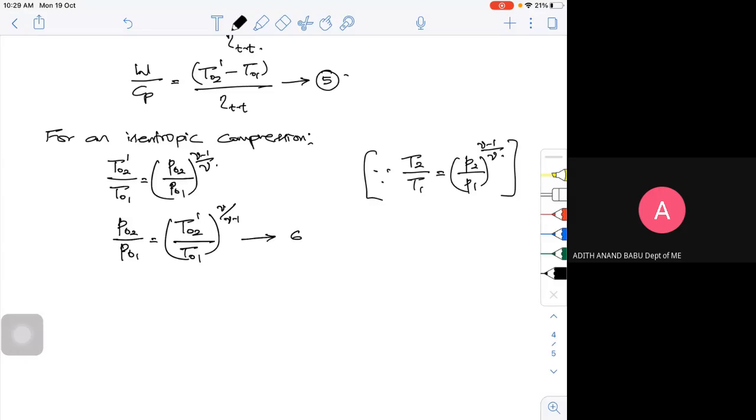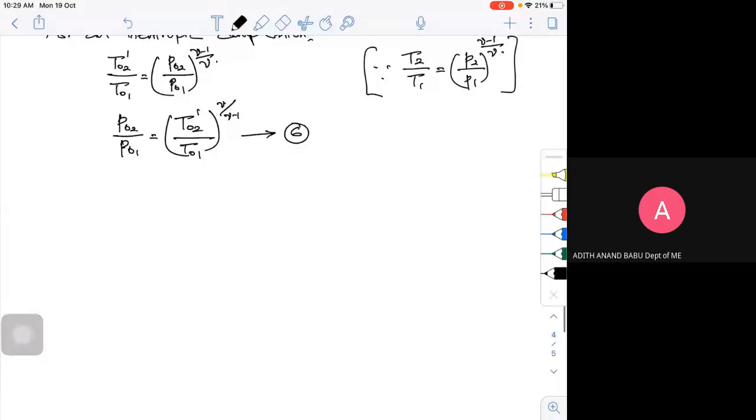I need to substitute equation 5 in equation 6. To fit equation 5 into equation 6, I need to do a little something mathematically.